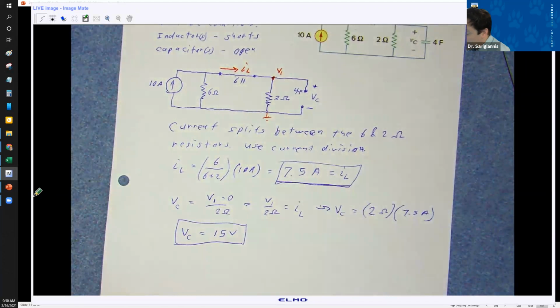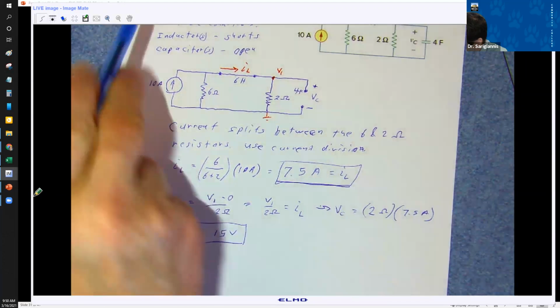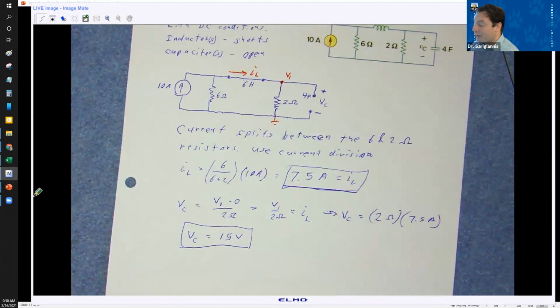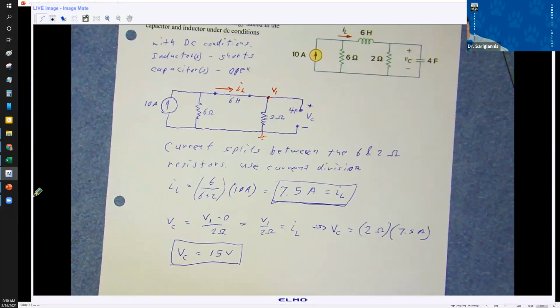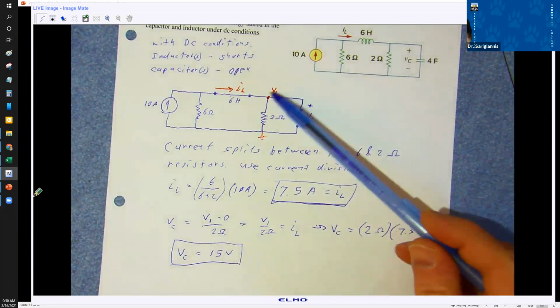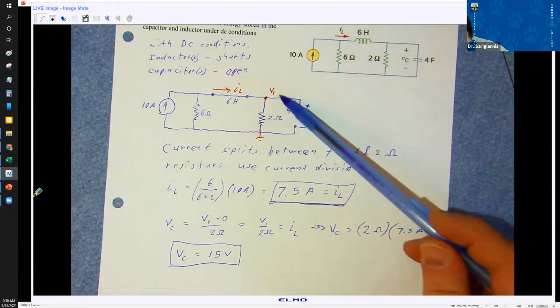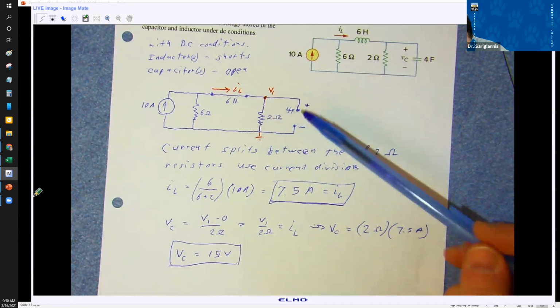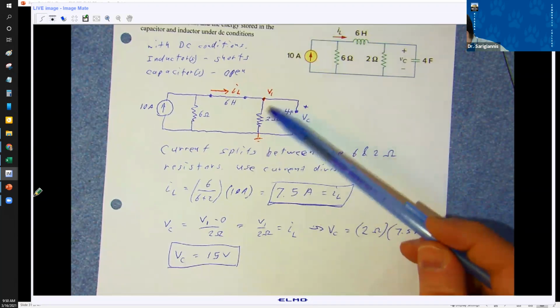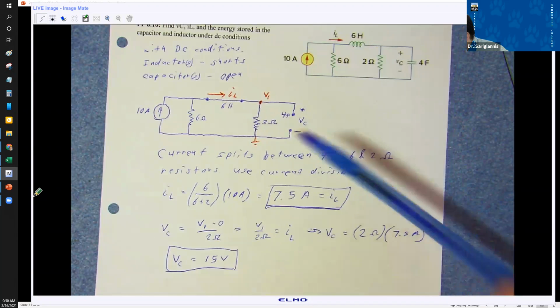So those are our two, these are supposed to be subscripts. That's our voltage and our current through the inductor and over the capacitor, right? Again, using the concept that the voltage potential difference between these 2 points is the same regardless of whether it's over the resistor or over the capacitor.